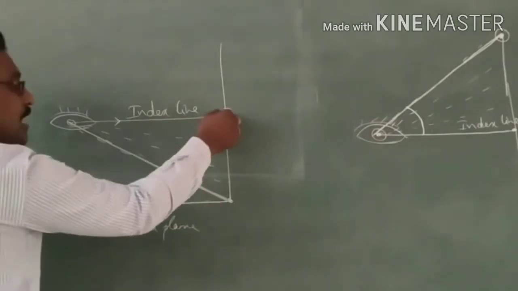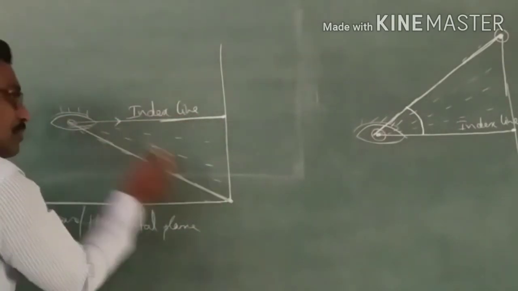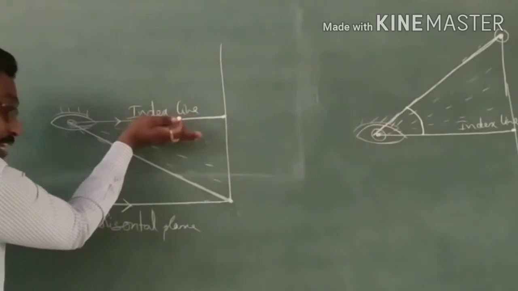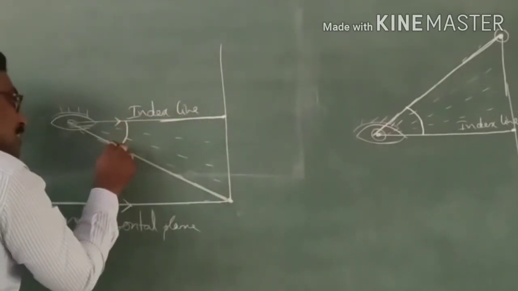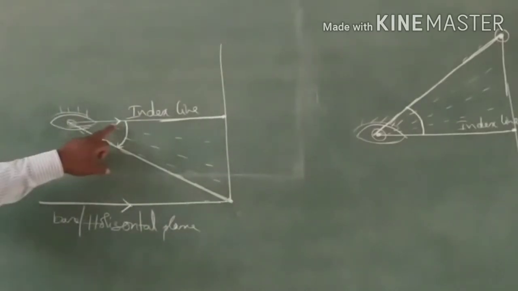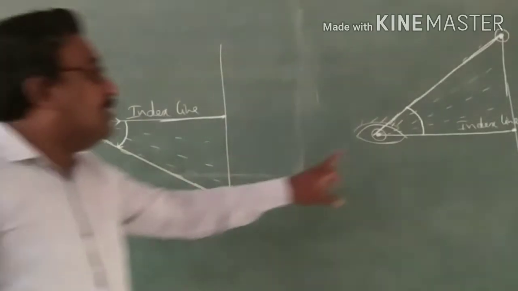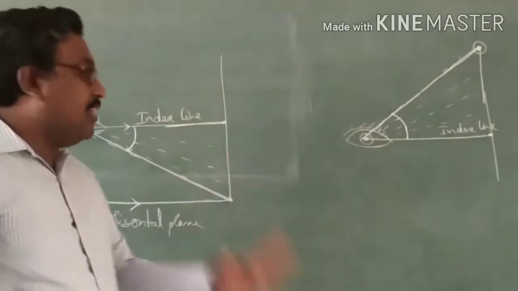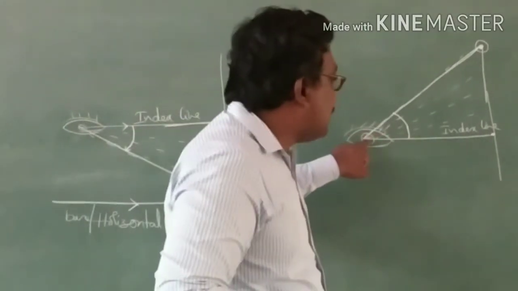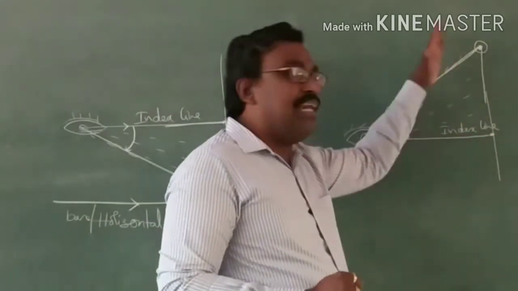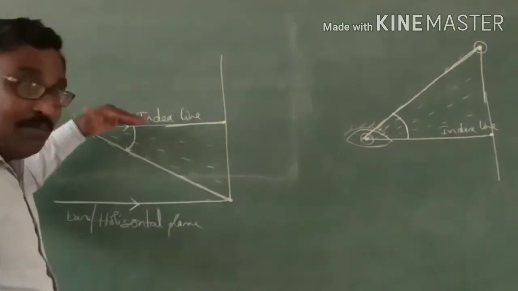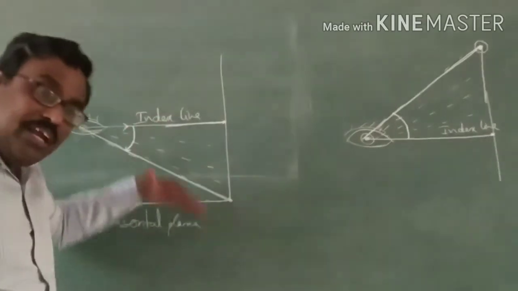Now this is your index line and you observe this object, so your index line slowly gets reduced and an angle is formed like this. In these two conditions, one thing is very clear: here the observation point is above your index line, and here the observation point is below your index line.